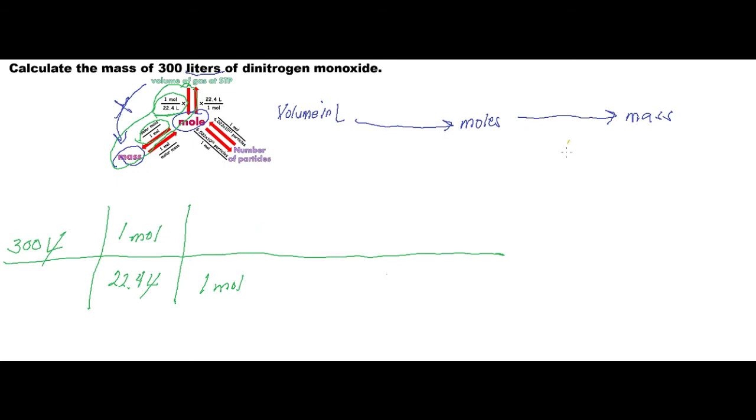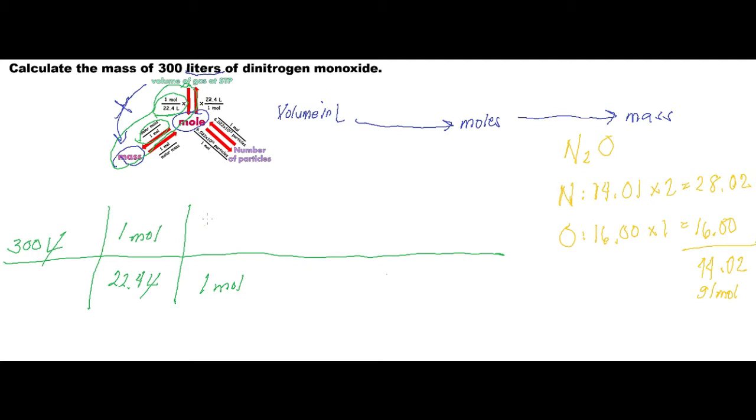Dinitrogen monoxide is N2O. N is 14.01 times 2. This will give us 28.02 grams per mole. For oxygen, we have 16.00 times 1. This will give us 16.00 grams per mole. Now get the sum. We will have 44.02 grams per mole.